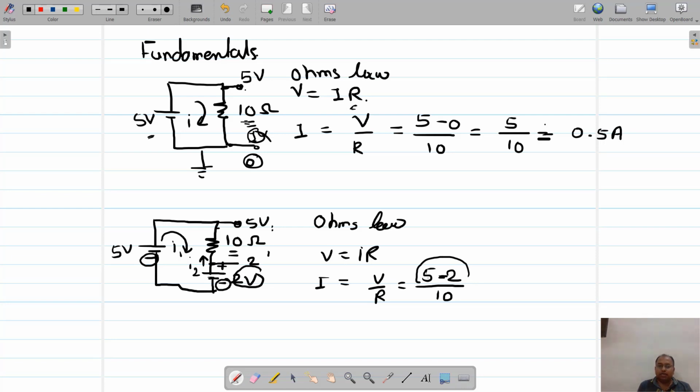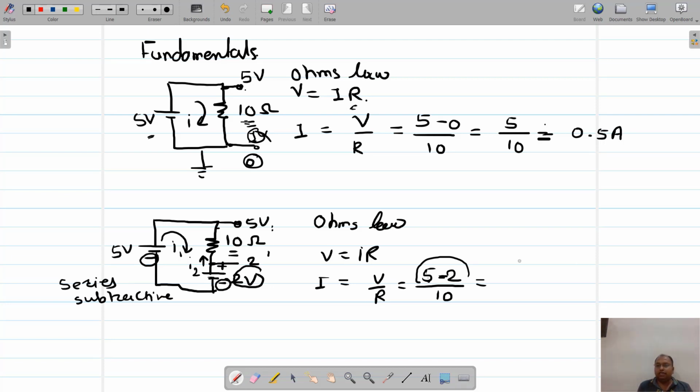We'll discuss that as well. But right now, 5 is connected and 2 is also connected, but they are in series subtractive manner, so they will work as series subtractive.